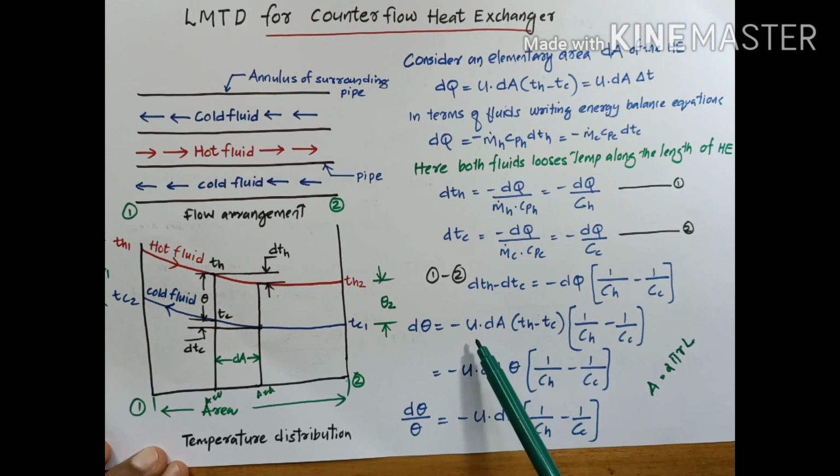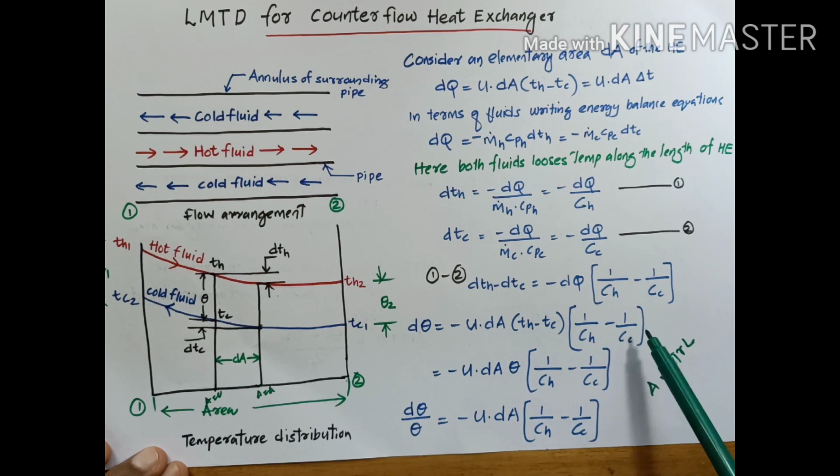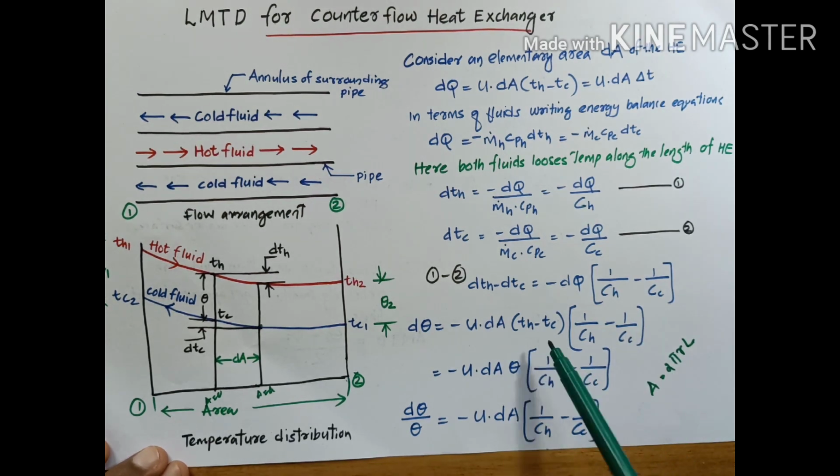Substitute it in here. That is minus U dA into (Th minus Tc) into (1 by Ch minus 1 by Cc). Then we substitute for Th minus Tc. We know that Th minus Tc is theta. So we substitute here. That is minus U into dA into theta into (1 by Ch minus 1 by Cc). Then we write it in terms of d theta by theta, that is minus U into dA into (1 by Ch minus 1 by Cc).